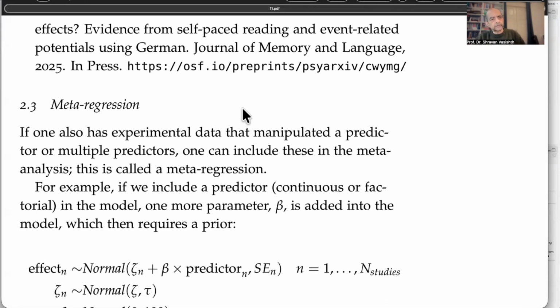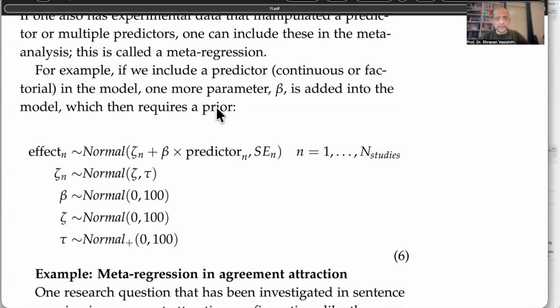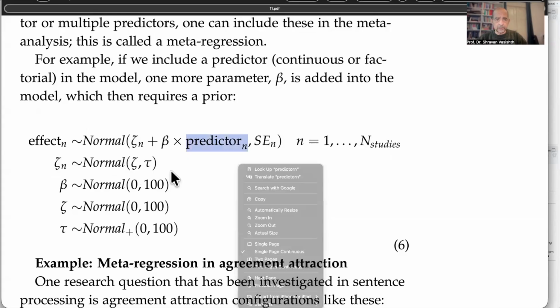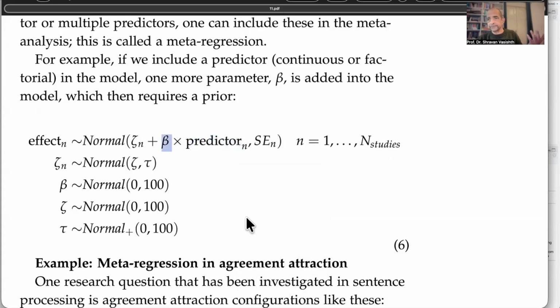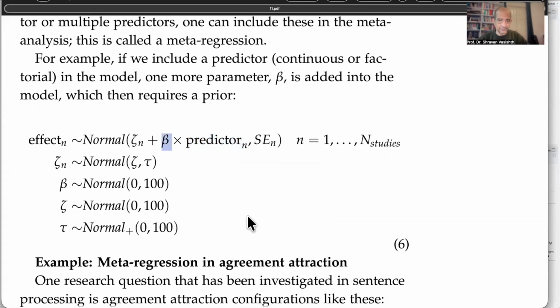Now, an extension of the meta-analysis is something called meta-regression, right? Here, instead of just focusing on the effect size, you can look at the effect of predictors on the effect size, okay? So this is not unfamiliar to us. This is just a linear mixed model, a hierarchical model with a slope. That's all there is.